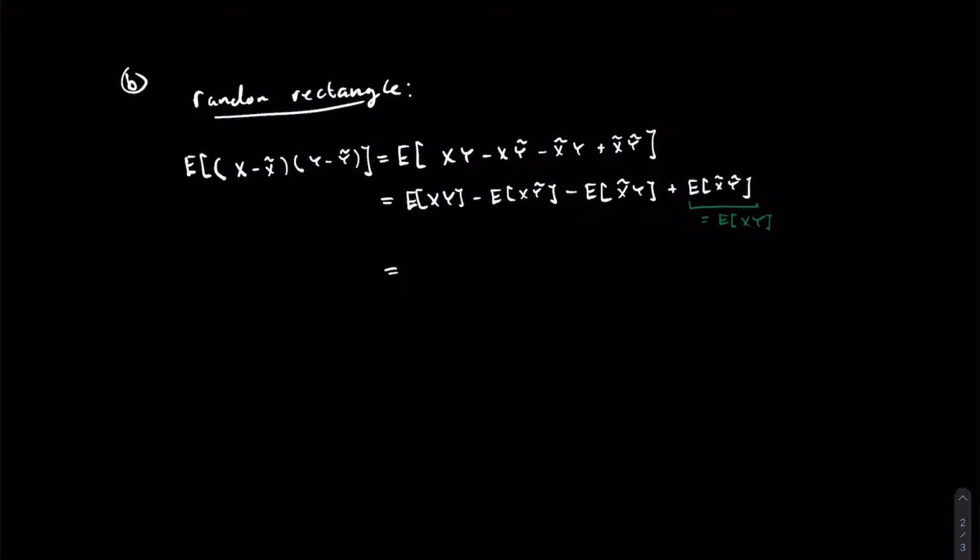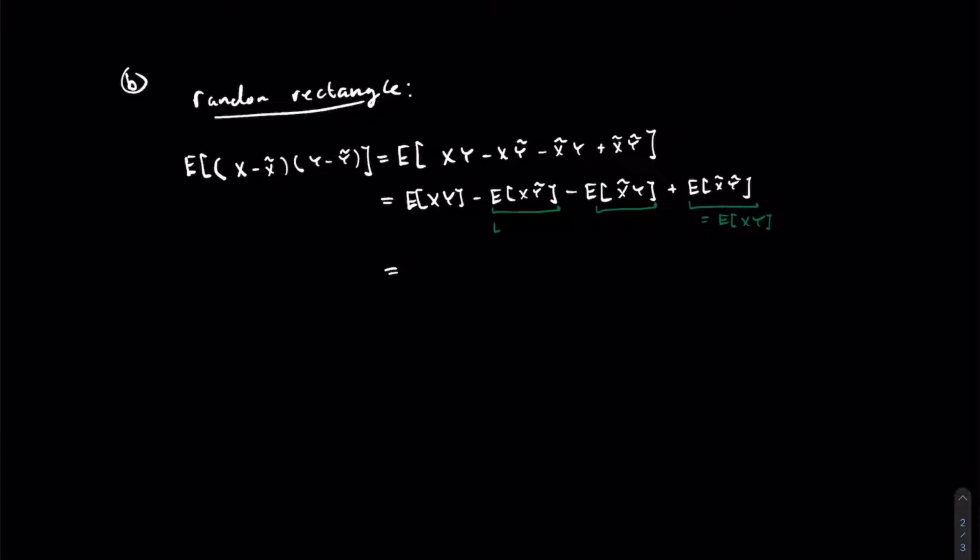Okay? And that holds also for the x and y tilde here. So let's just write it out first. Here we also use independence and the same logic. So we know that x and y tilde are independent, and the same for this.